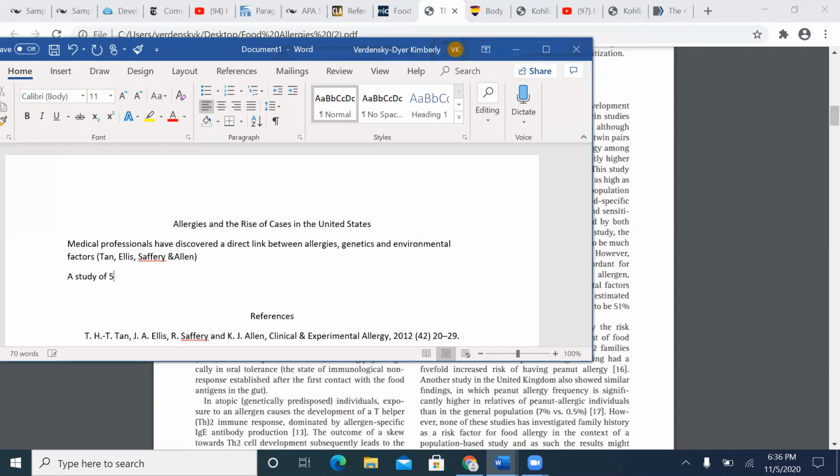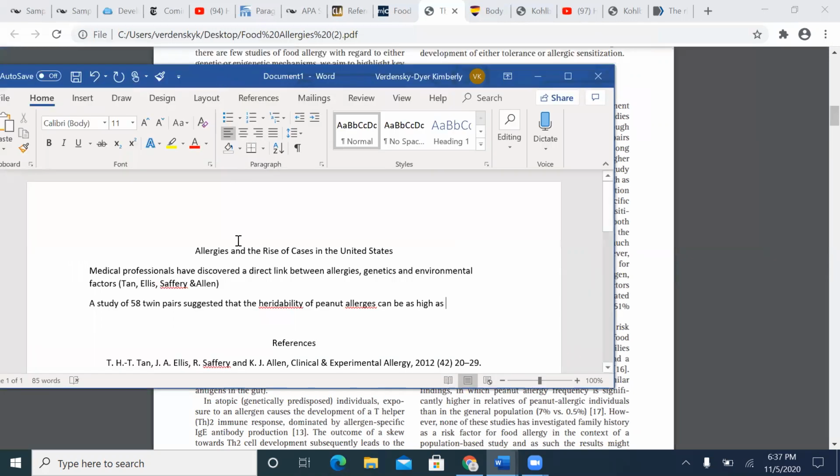So, a study of 58 twin pairs suggested the heritability of peanut allergies can be as high as 81.6%.